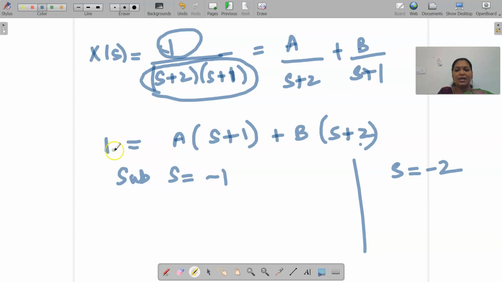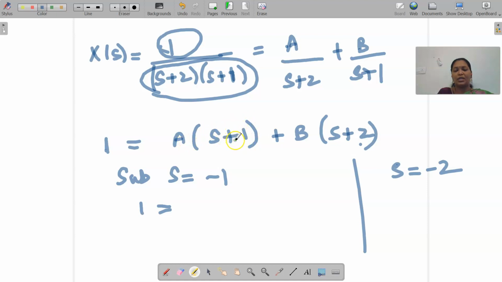What happens? Here in the left hand side again, whatever you are having, you have to write that. Suppose if you have s terms in the left hand side also, you have to substitute values. So I have only constant values, as it is 1 equal to. When I substitute s equal to minus 1, plus 1 gets cancelled. So this whole term becomes 0.